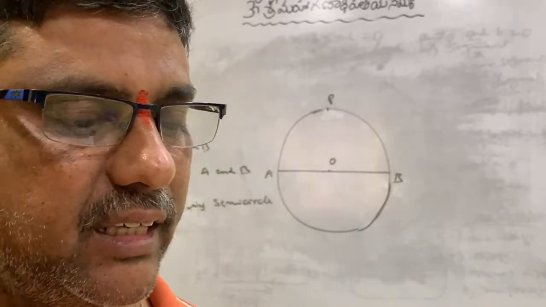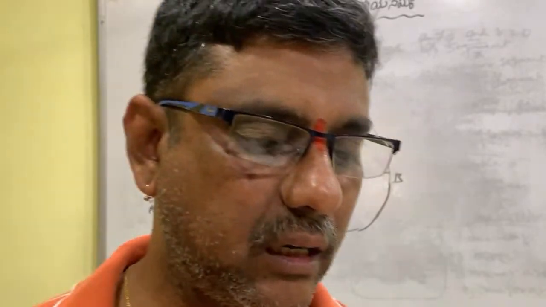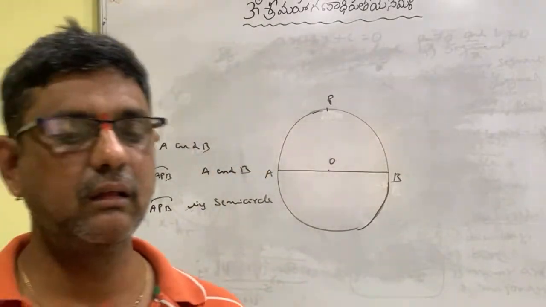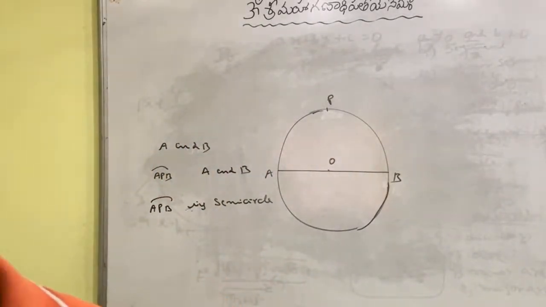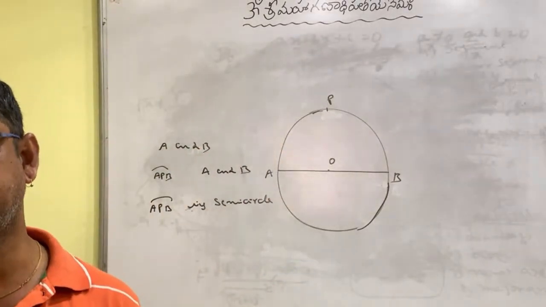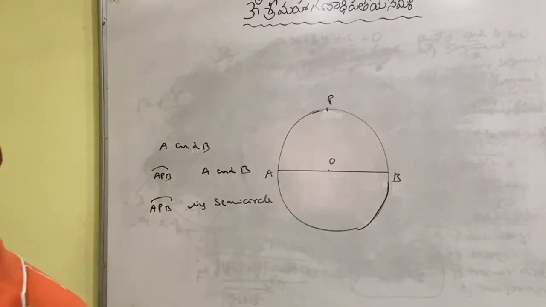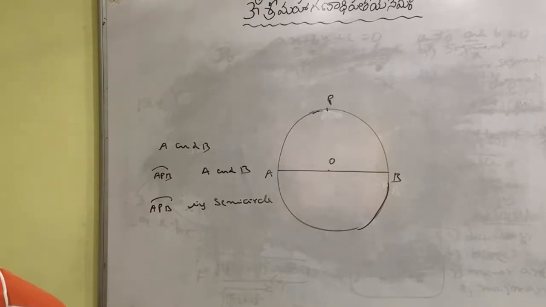Segment of a circle is the region bounded by an arc and its, no, all are wrong.